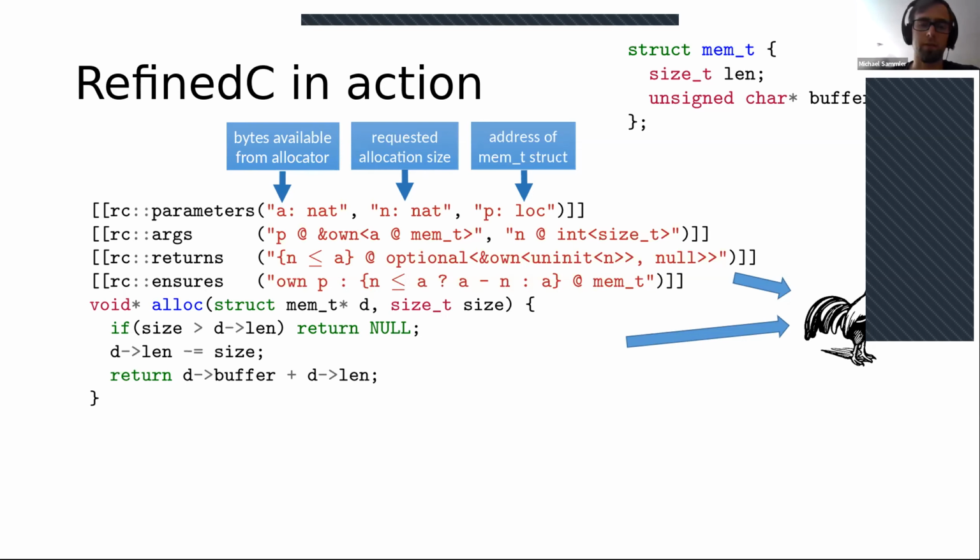The code gets translated to a deep embedding of C in Coq, and the annotations get turned into specifications and lemmas which prove that this function satisfies the specification. Then you can run the RefinedC type checker on this. And in this case, RefinedC can automatically verify this program.